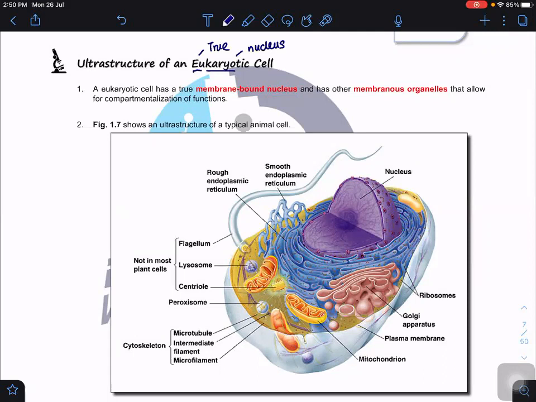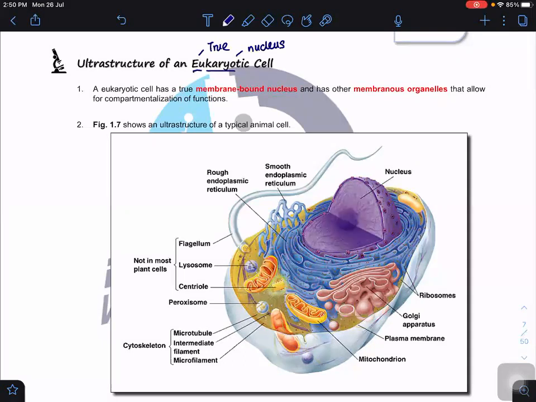But you have to be careful when you talk about this. Some cells don't have a nucleus. For example, red blood cells have no nucleus, and sieve elements don't have a nucleus. But those are mature red blood cells and mature sieve elements. When they are young, at the immature stage, they do have a nucleus. Are you clear?